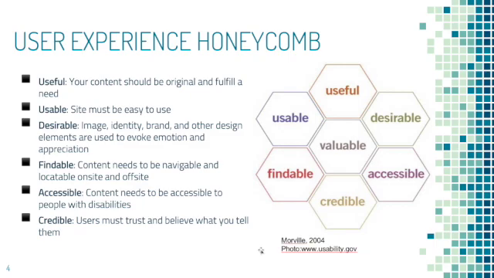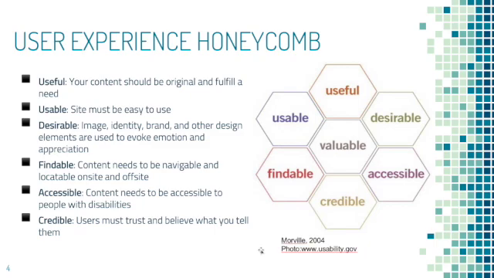Desirable, which applies to any images or any branding you're using, whether or not it's evoking the proper emotion. Findable, which means whether or not the content of the site you're navigating is easily browsed or searched.